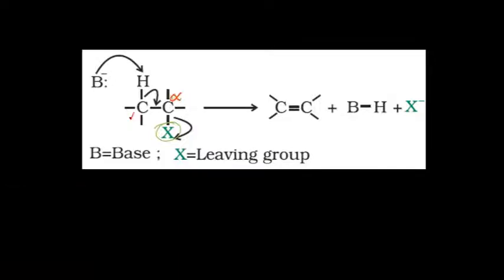This one is the beta carbon. If we react it with alcoholic KOH, then what will happen? Halogen from the alpha carbon and hydrogen from the beta carbon will go away, and a double bond will appear.